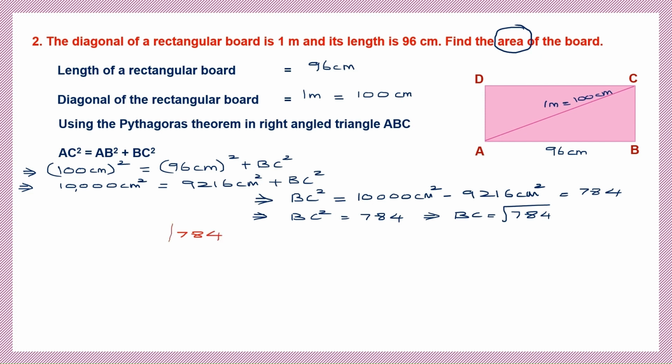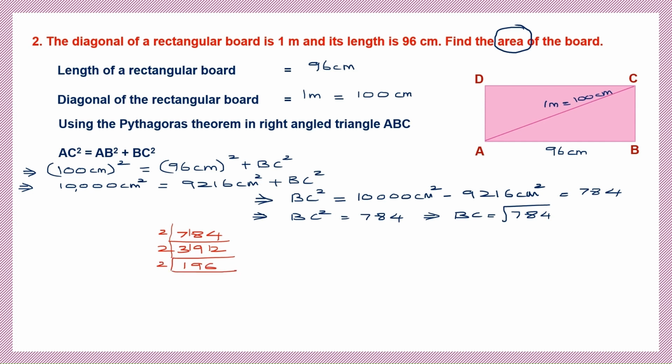That means I'm going to find all the prime factors of 784, starting with 2. 2 threes are 6. There's 1 left, that's 18. 2 nines are 18. 2 twos are 4. Then continue again with 2. 2 ones are 2. There's 1 left, so it's 19. 2 nines are 18. Again, there's 1 left, so that becomes 12. 2 sixes are 12.